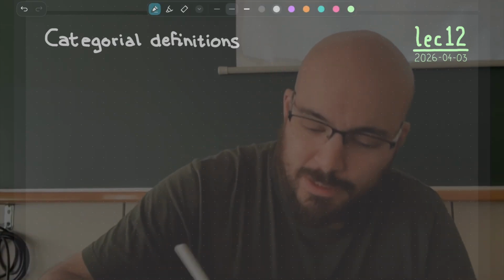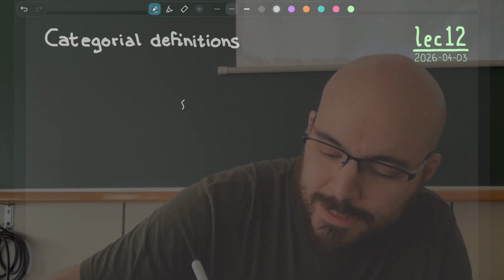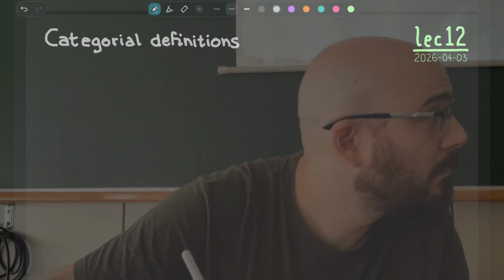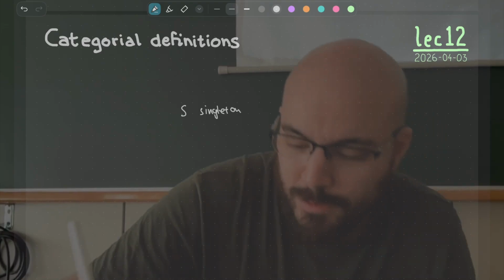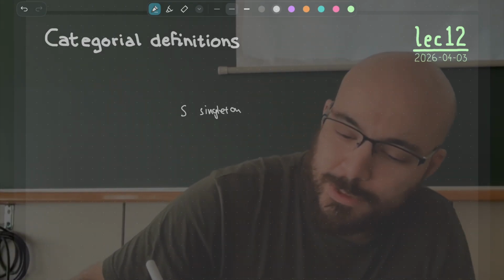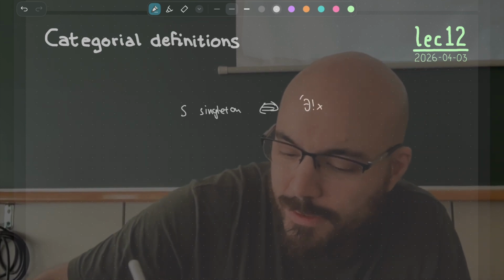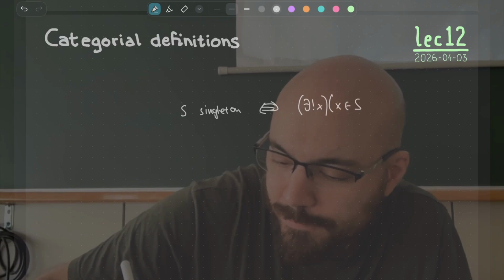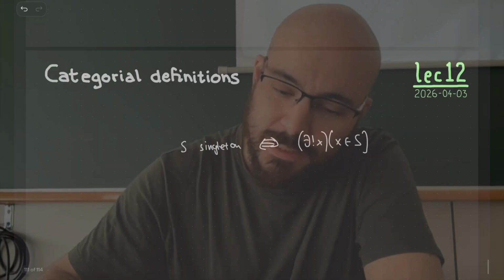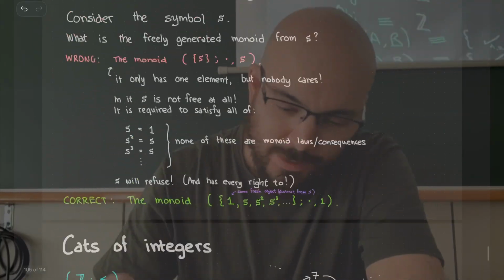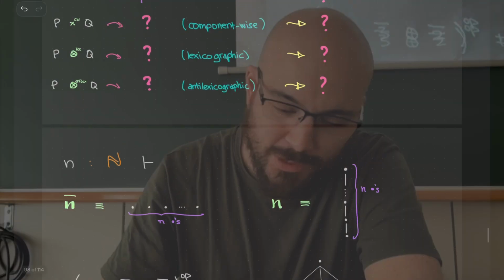So, for example, if I say that a set is a singleton, usually the way we would define this would be to say something like, there exists a unique x such that x is inside S. If you remember, a couple of lectures ago we were wondering how we can define some things without points. And maybe you were left with the impression that this is just some kind of exercise in, I don't know, functional programming or something like that.